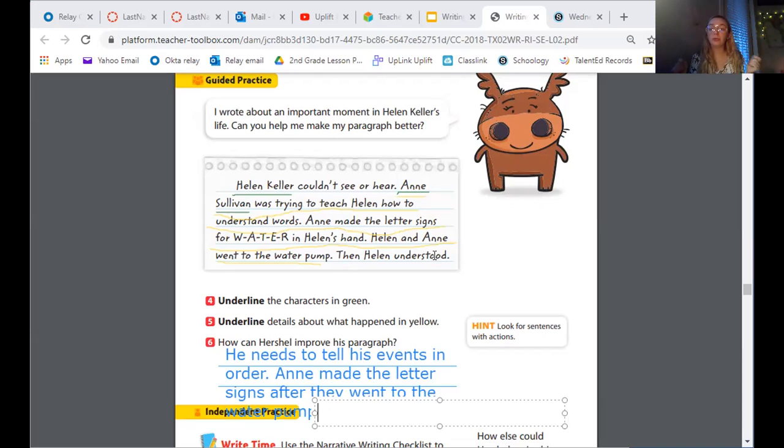As we reread and revise, we want to be sure that we have included all 3 parts of a narrative. So remember, we need the beginning, the middle, and the end. We need to make sure our details describe the characters, the setting, and the event. And we need to check that what we've written is in the right order. We don't want to switch it up like Herschel.